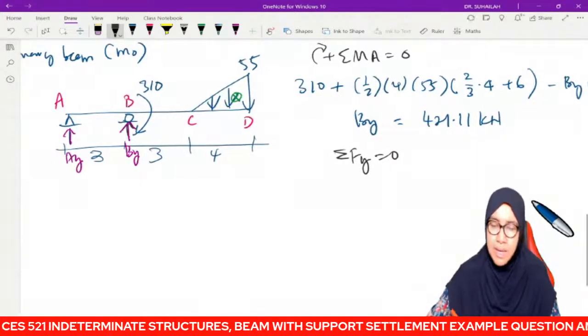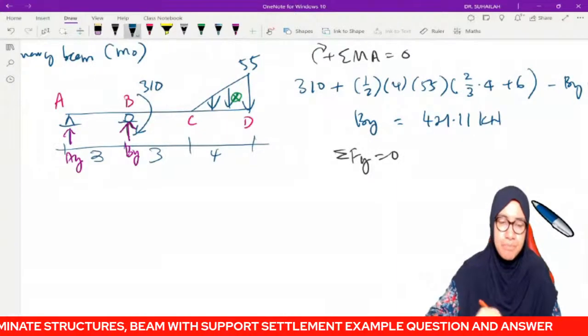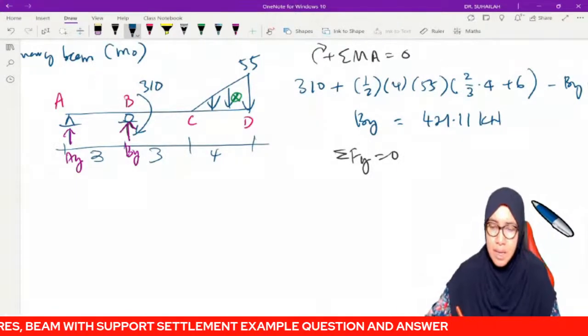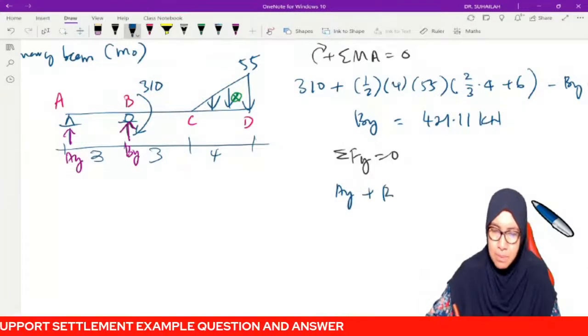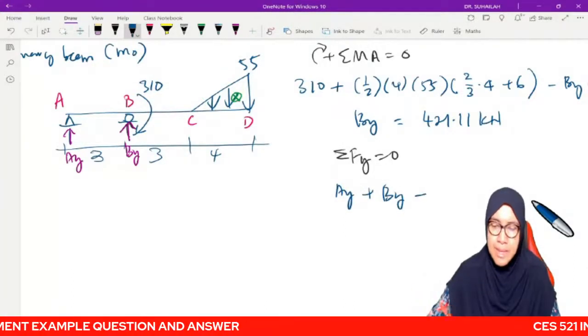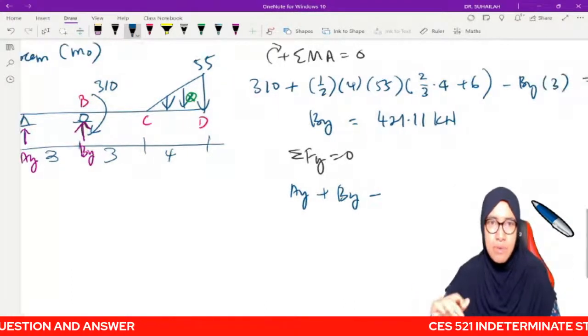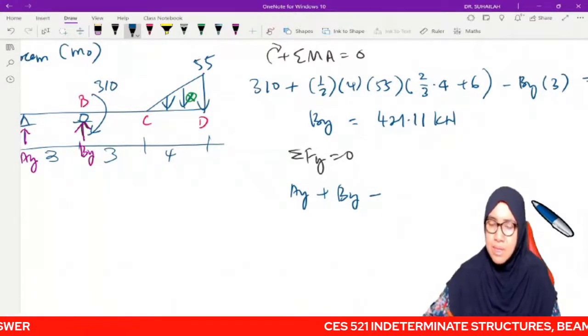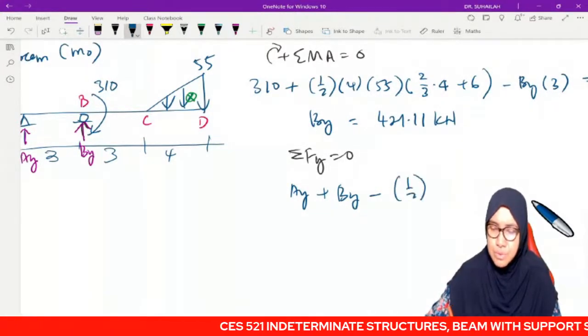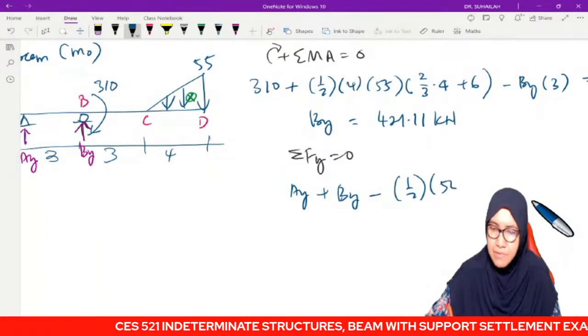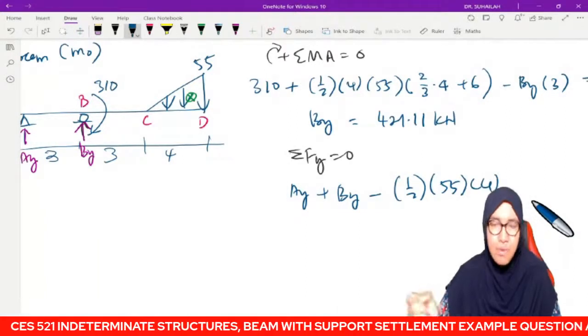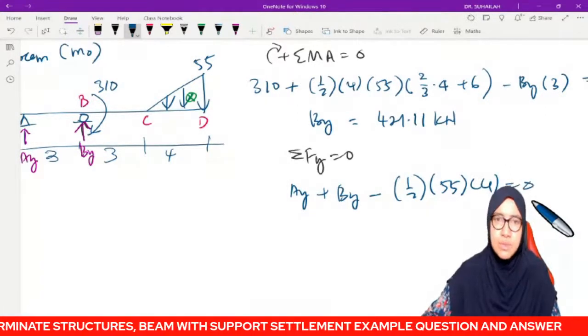So we get AY plus BY minus the area of the triangular load, 1/2 times 55 times 4, and this is equal to 0.